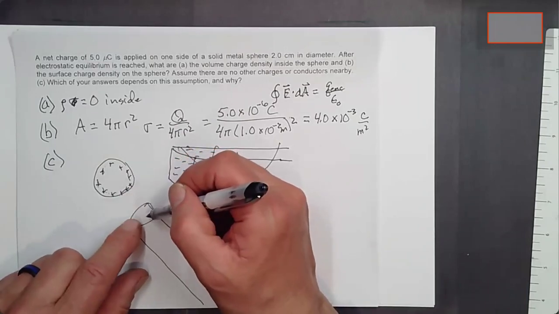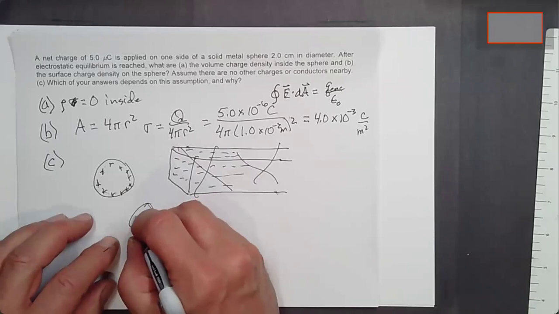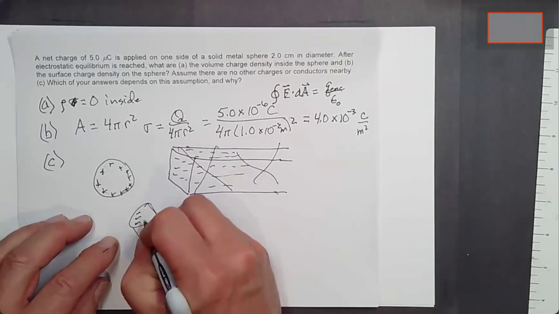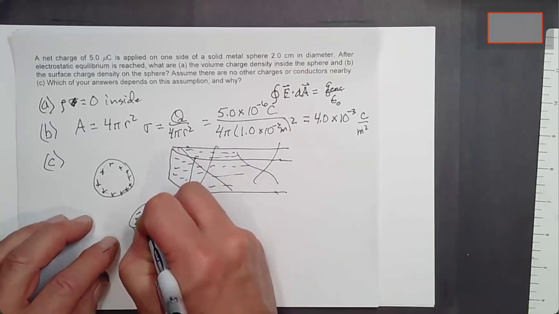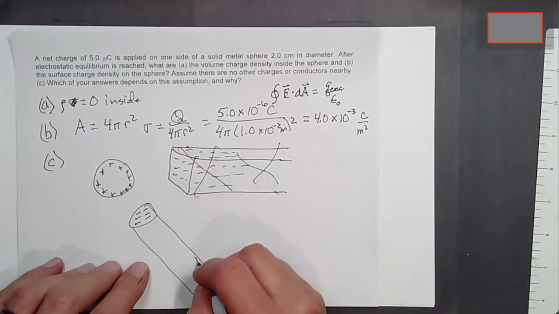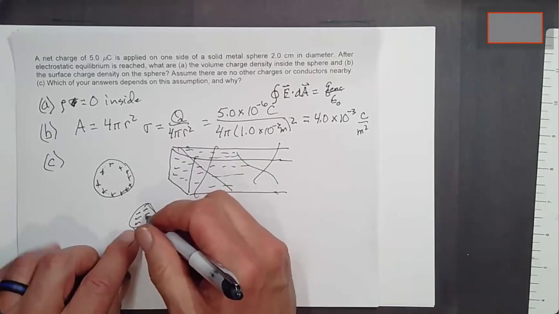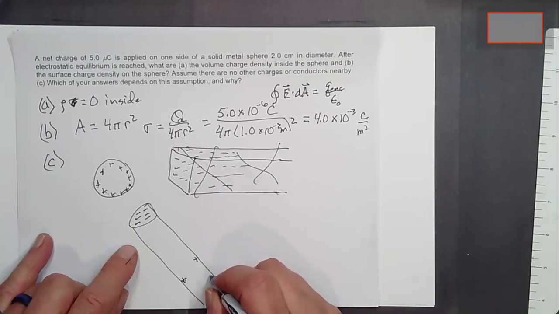Those would attract negative charges in this conductor here. And what you might end up with is a bunch of negative charges here, and elsewhere on this conductor, you might have positive ions because those electrons, the negative charges, had to come from somewhere.